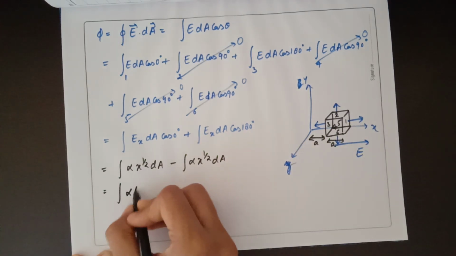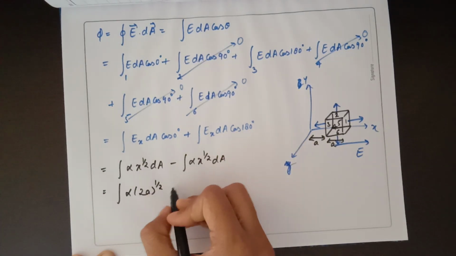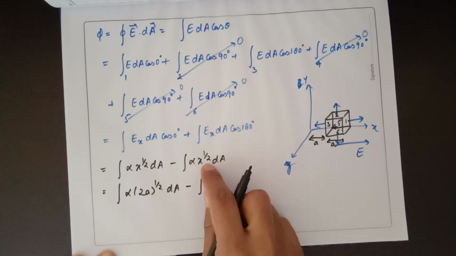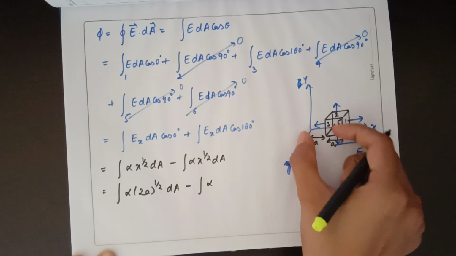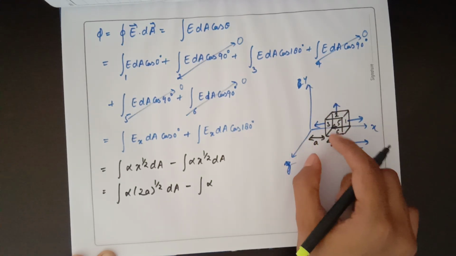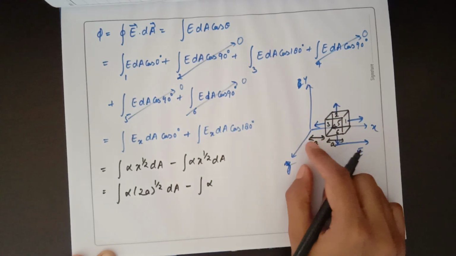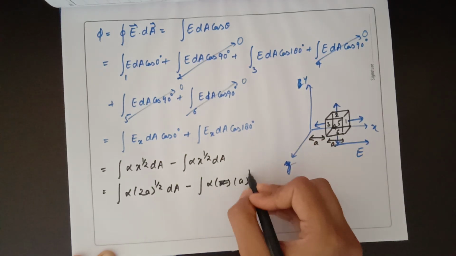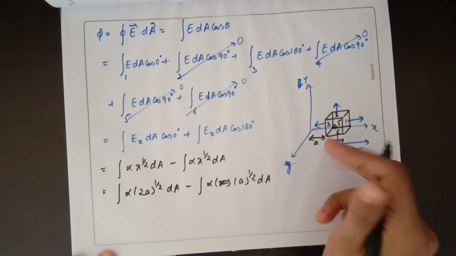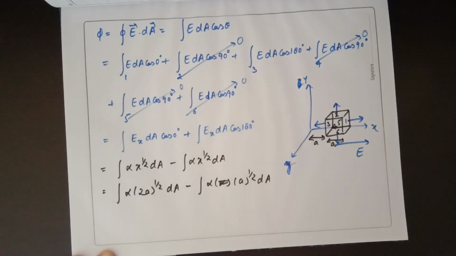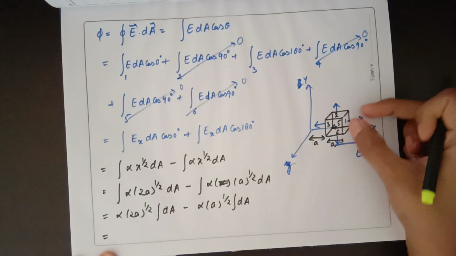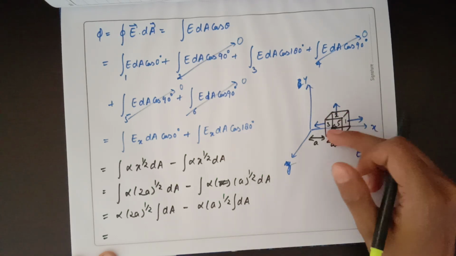So I will put 2a in the place of x, and dA minus, and this is for the third surface. As you can see, for the third surface, the value of x is only a. So I will write a raised to power half dA in the place of x here. Integration of dA means the area of surface number 1 and the area of surface number 3.